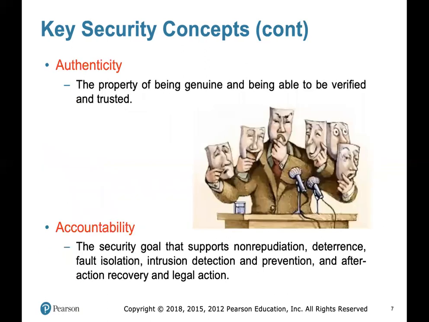Okay, the fourth thing is authenticity. It means that we should have the property of being genuine and being able to be verified and trusted. You are an authenticated agent or user, and you want to use your system.